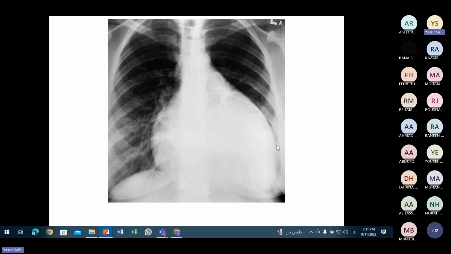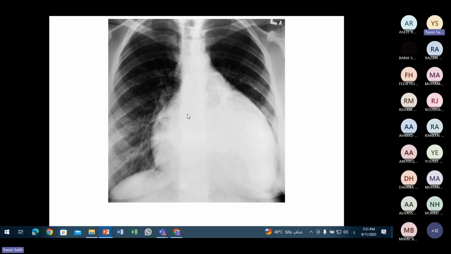Okay. What about the heart? Enlarged. What about its shape? Is it a characteristic shape or not? Globular in shape, yes, a classic shape.